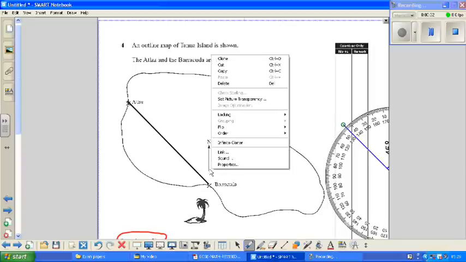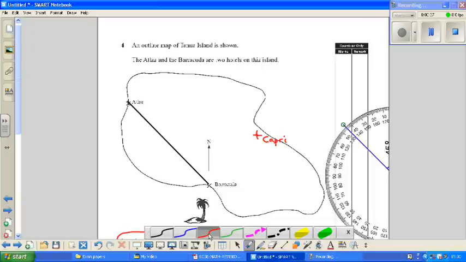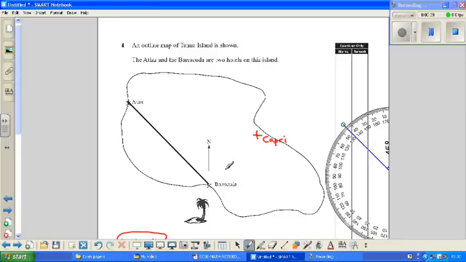So there's the north line at the Barracuda, and we're going to have to measure the angle from north clockwise all the way around until we get to the line that's pointing towards the Atlas. So it's that big angle there, and probably the easiest way to do that is to measure this smaller angle there and take it away from 360.